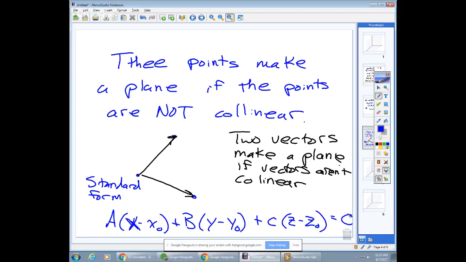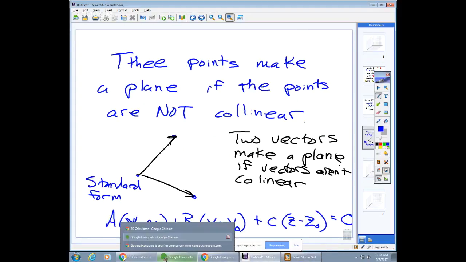So all I need is a normal vector and an initial point, and then I have the plane. So we're going to give this a shot. I'm going to pick 3 points in the plane, and we're going to see if we can calculate the equation for the plane based on the information we just looked at.